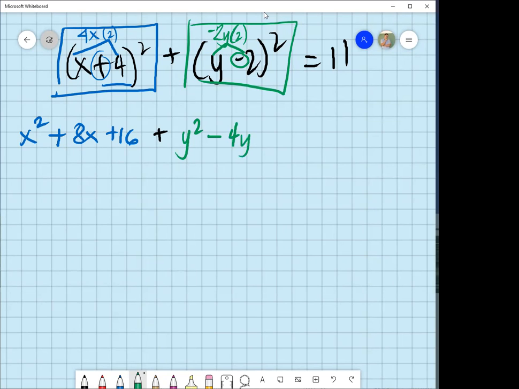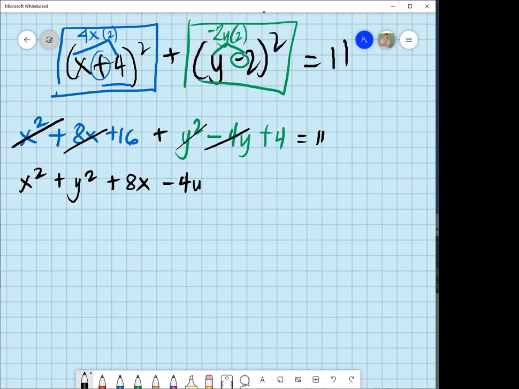Remember, there's no any more squared for the second y, ha? And then finally, square the last term, that's positive 4. Okay? Is equal to 11. And then let's just arrange them. So we have here x squared plus y squared plus 8x minus 4y.